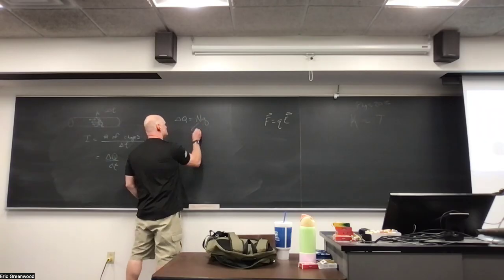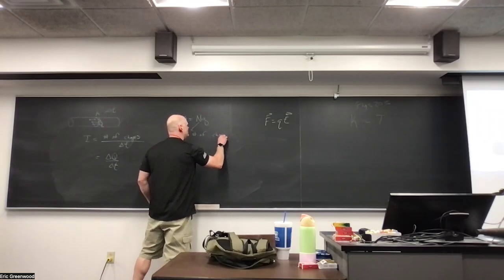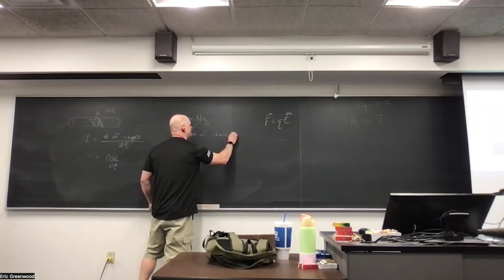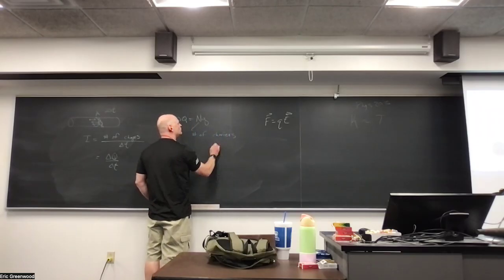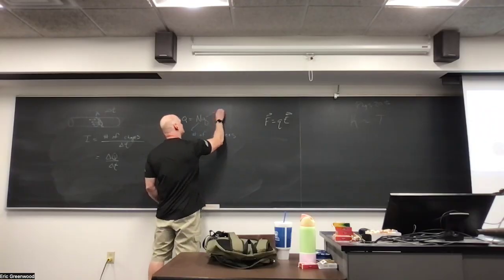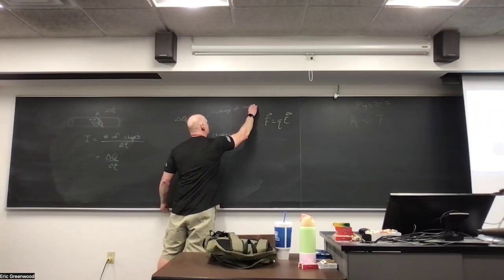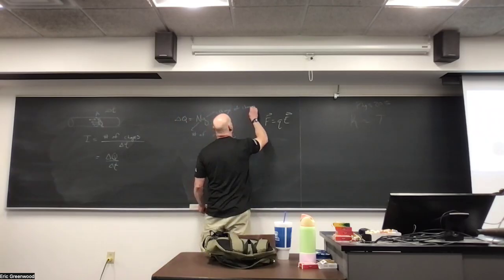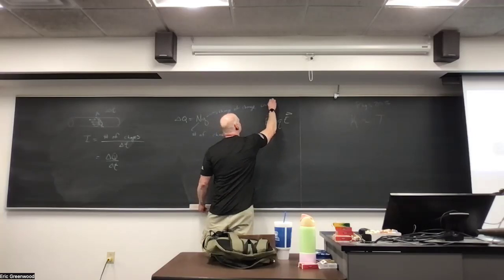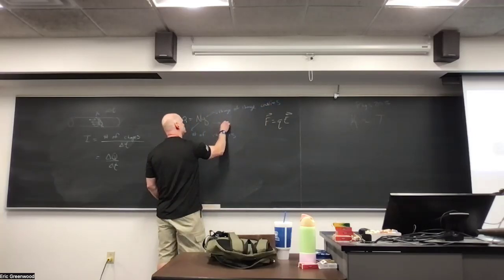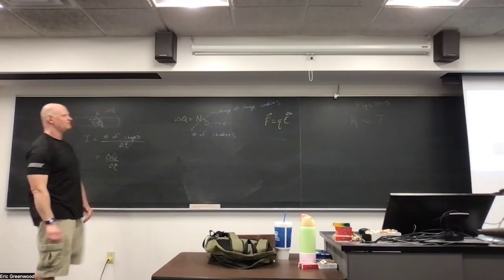So this is the number of charge carriers, and this is the charge of the charge carrier. In those cases, this is just going to be the fundamental charge, which means this is just going to be e in most cases.